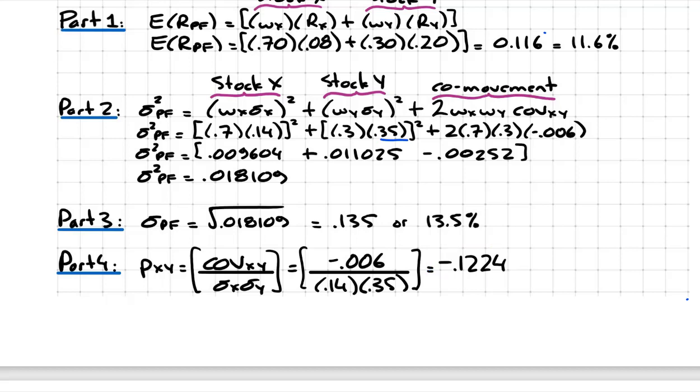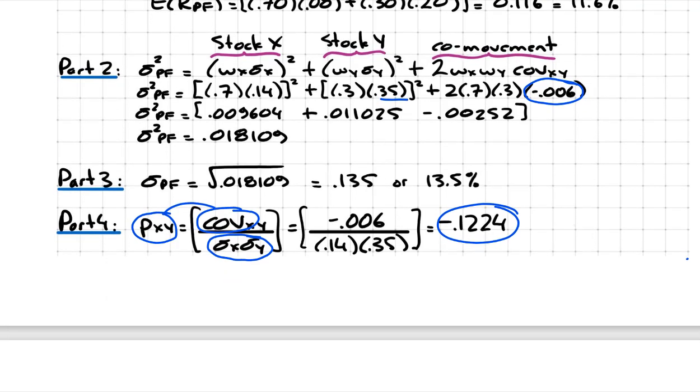And notice, ladies and gentlemen, here's the thing. You know standard deviation can never be negative. There's no such thing as negative volatility. So therefore, the correlation and covariance will always share the same algebraic sign. So since covariance was negative, correlation will also be negative.